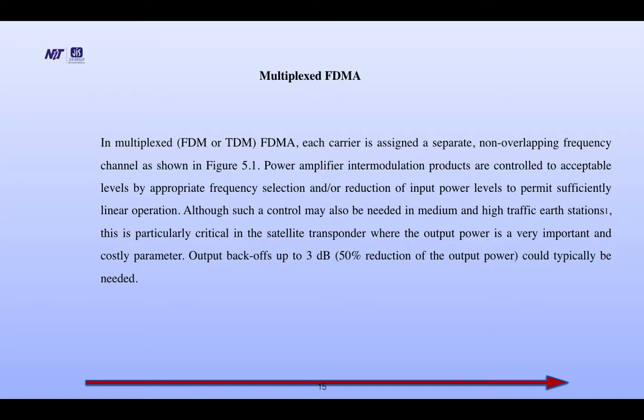Although such control may also be needed in medium and high traffic earth stations, this is particularly critical in the satellite transponder, where the output power is a very important and costly parameter. Output backoffs are up to 3 dB. A 50% reduction of the output power could typically be needed.